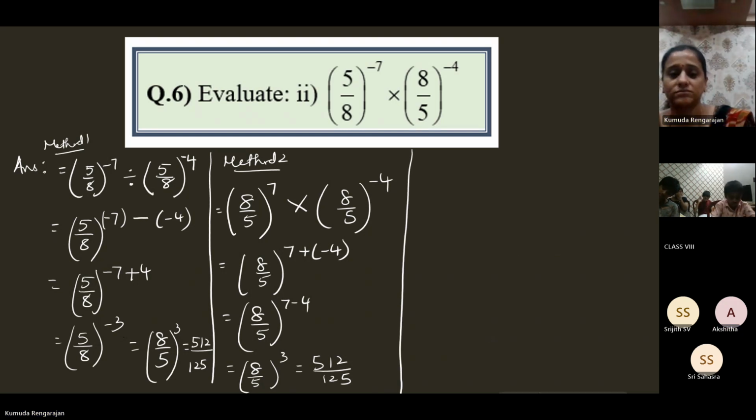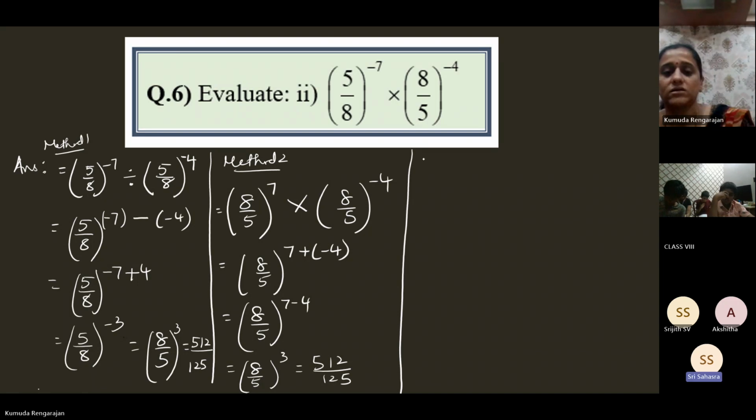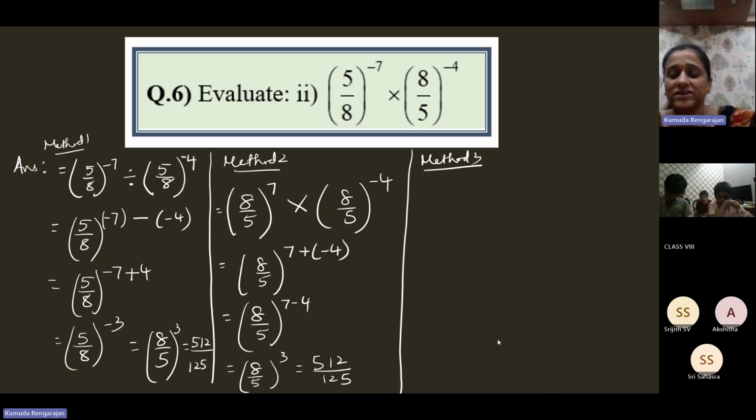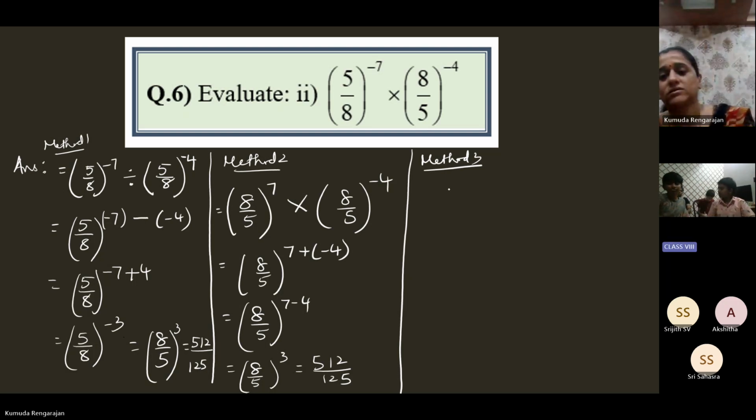Sahasra. Yes, ma'am, it's clear. Ma'am, third method we should change the negative of the second number. Yes, ma'am, correct. Srijit, is it clear? Yes, ma'am.